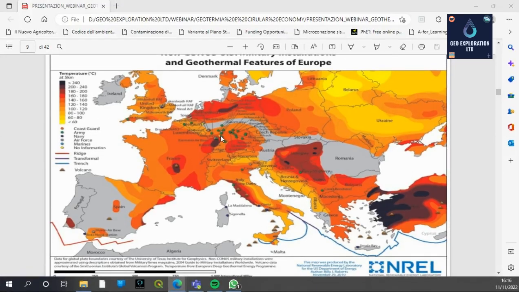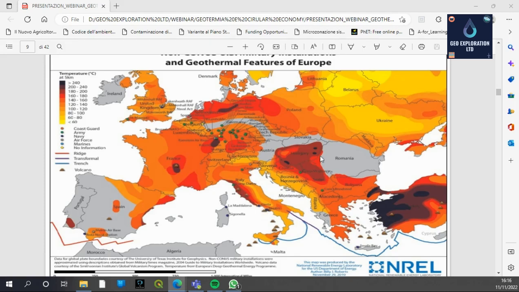We can see that the temperature at 5 kilometers depth is up to 200 Celsius degrees in different parts of Europe. For example, we have a high capacity on the west coast of Italy.